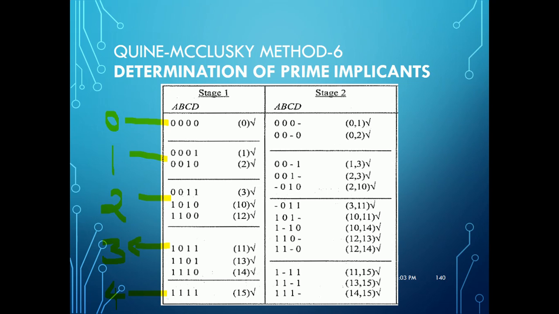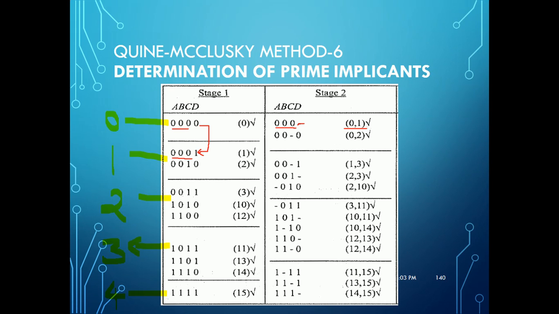Here this matches with this term, so you can combine now. Only one term is going to change from 0 to 1. So we have written 0 0 0 here, and the term which has changed from 0 to 1, that term I have written as dash. Okay, that is the first step.